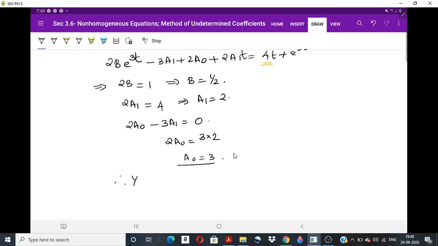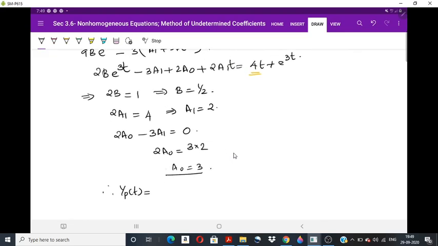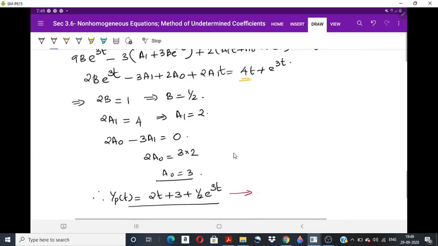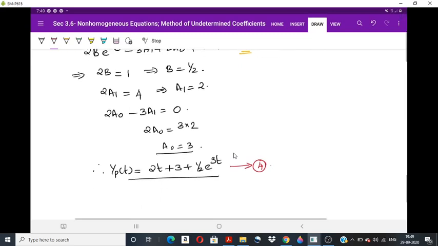Therefore, the particular solution yp of t is equal to a1t plus a naught plus b e raised to 3t, that is 2t plus 3 plus 1 by 2 e raised to 3t. We name this as equation number 4.